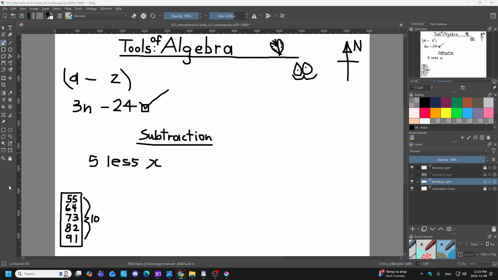5 less x is 5 less x. 5 less than x is x minus 5.